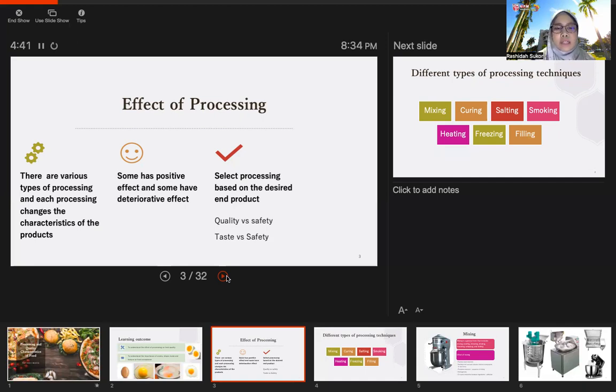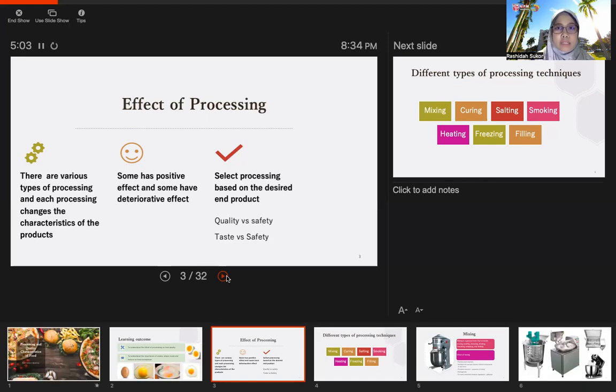Physical involves the texture, for example, and the color. When we talk about the chemical, we will see the effects on the chemical composition and the enzymes, whether they are inactivated or deactivated. And the most important thing is the safety of the product.